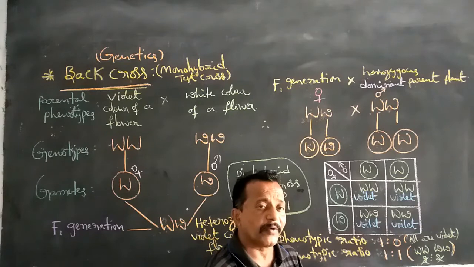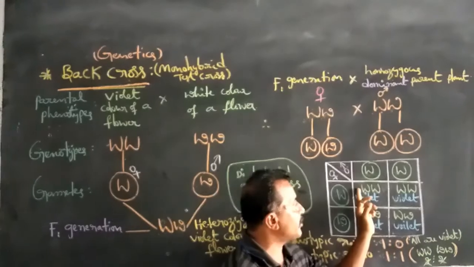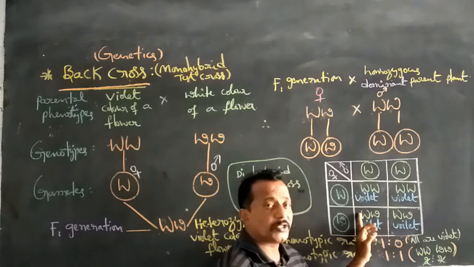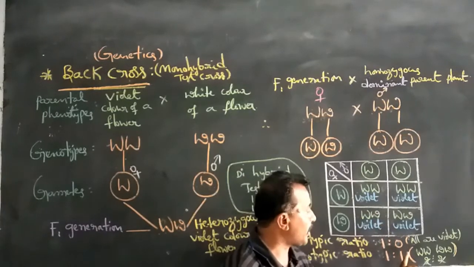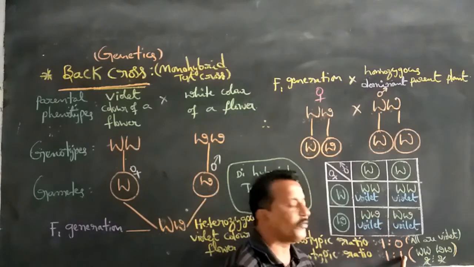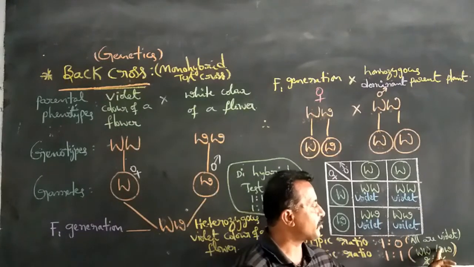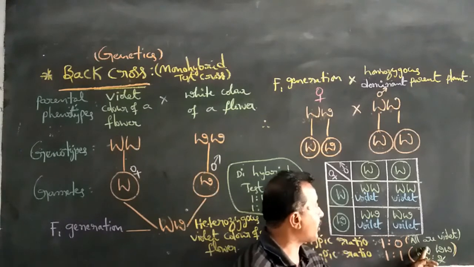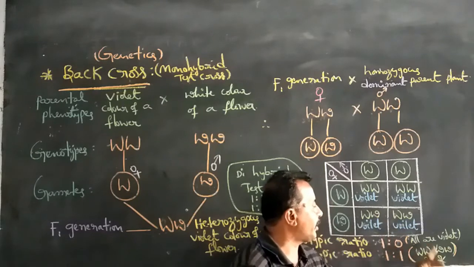One is homozygous, another is heterozygous. The homozygous individual is capital W capital W, the heterozygous individual is capital W small w. So the genetic ratio is 1:1, with capital W capital W genotypes appearing 2 and capital W small w genotypes appearing 2.